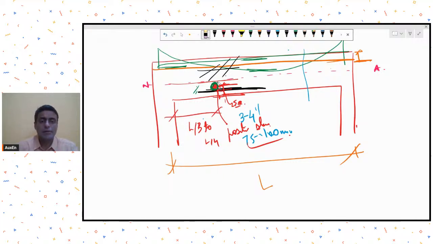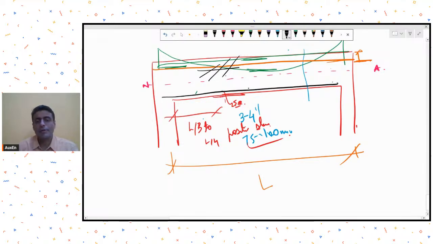If this sleeve is planned, that means there is planning that a sleeve needs to be provided. Then what I usually do is that I will first of all position my sleeve. I will put closely spaced stirrups, and if the sleeve size is slightly larger, I can have a diagonal reinforcement also added to avoid the diagonal cracks that originate at these locations.